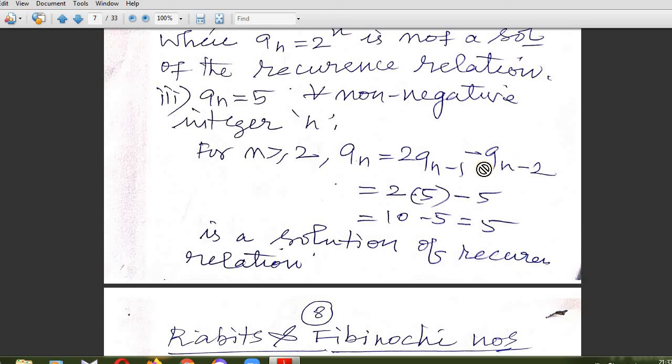So this formula for a_n satisfies this recurrence relation. Therefore, this is a solution for this recurrence relation.